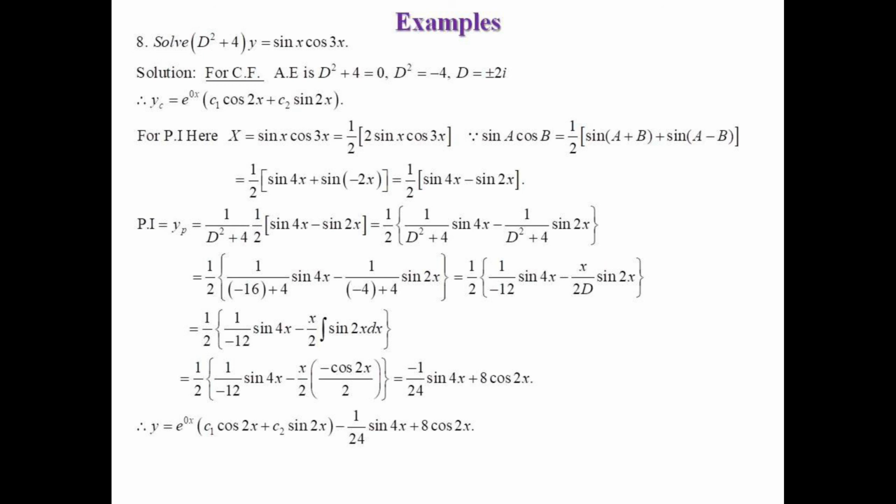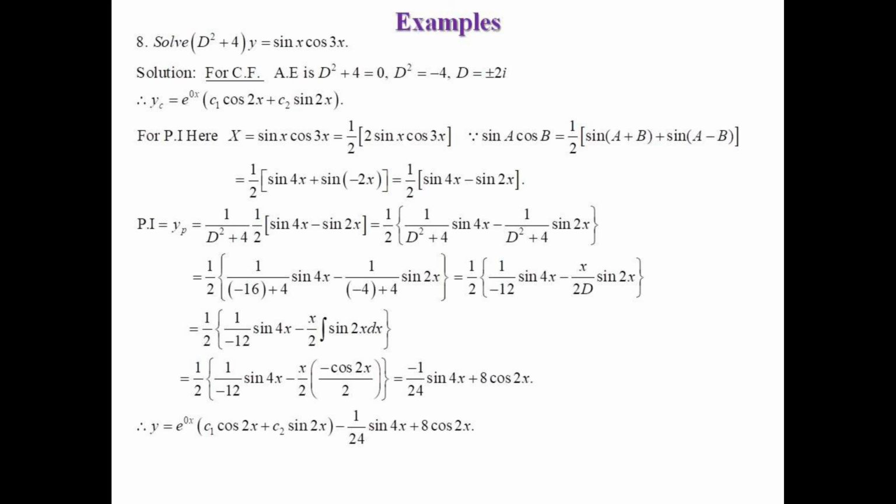The first term is 1 upon D square plus 4 sin 4x, minus 1 upon D square plus 4 sin 2x. As per the standard formula for type number 2, replace D square by minus A square.